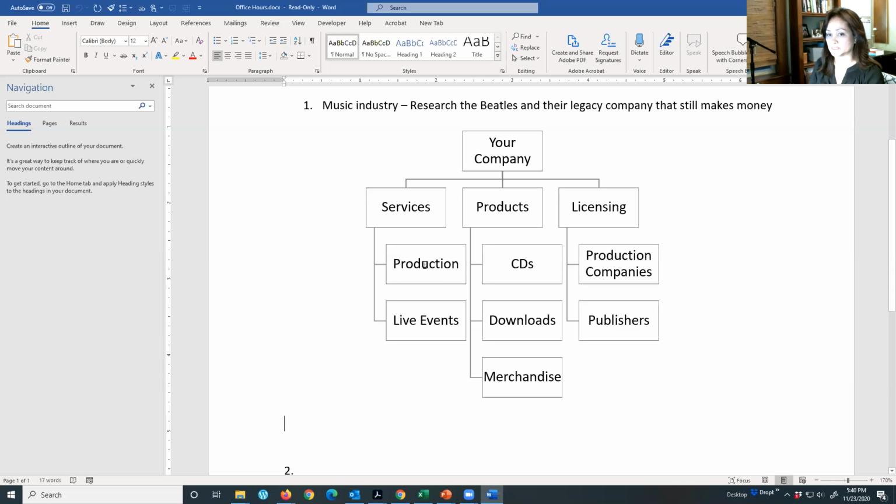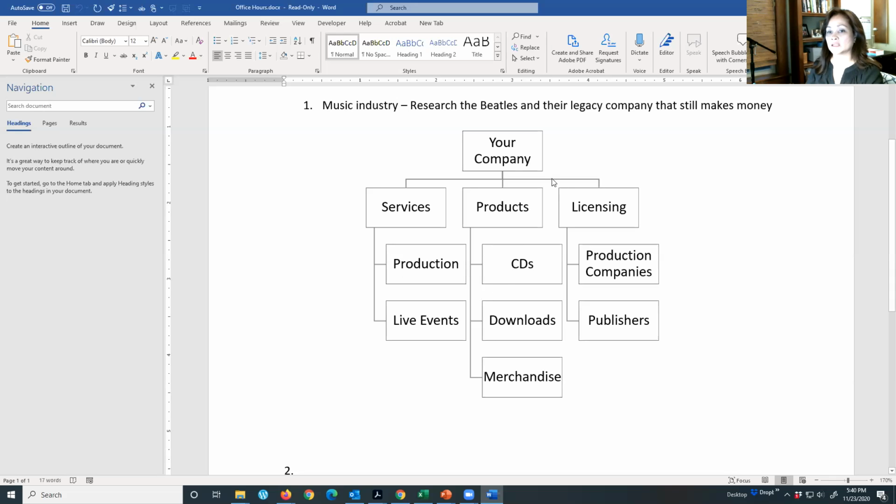So for you, instead of production, it would be books, curriculum, that kind of stuff. You would put it here under products. The margins here will be a lot higher, because you actually have to perform that work, which takes you away from doing other things.